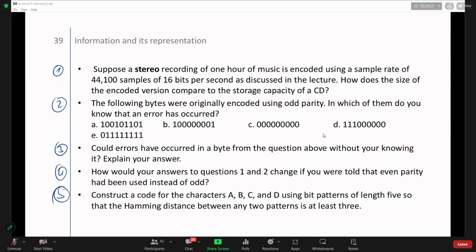So 16 voted now. That's 42 minus 16 is 26.